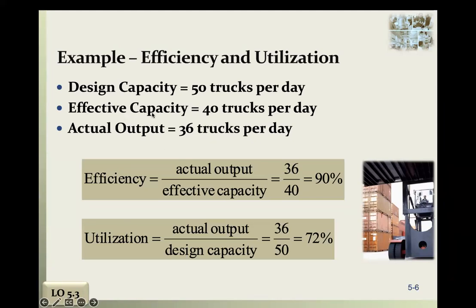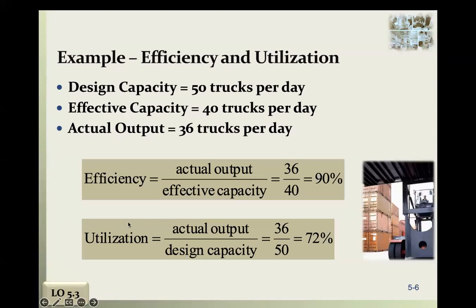Now, let's calculate efficiency. The formula for efficiency is the same formula that you will be using in solving problems. Efficiency is the ratio of actual output divided by effective capacity. So actual output here is 36 and effective capacity is 40, so 36 over 40. And if you multiply by 100, it will give 90%.